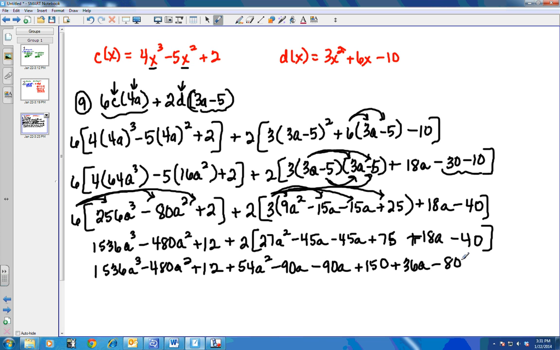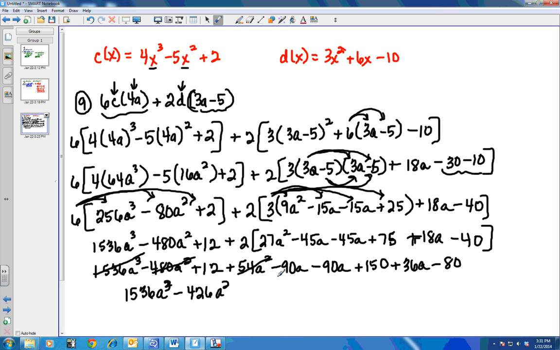We're almost done. Now all we have left is to combine any like terms. I'm going to start with my a cubes. I don't have anything else that has an a cubed, so I'm going to leave that. I have a negative 480a squared and a 54a squared. So negative 480 plus 54 is negative 426a squared. And I'm sorry, this right here should be a 3, a to the third. So I've done my a cubed and a squared terms.